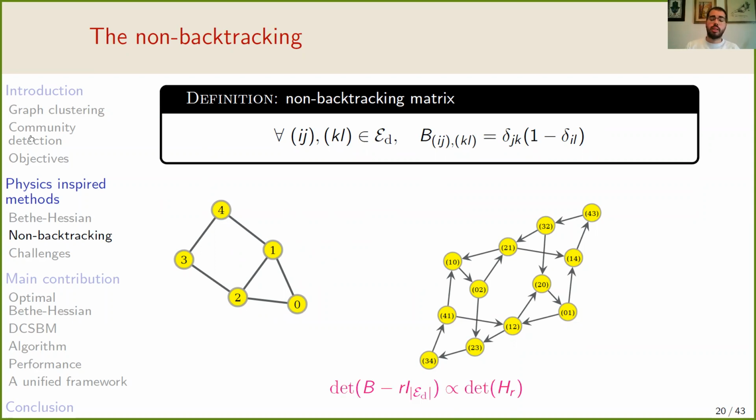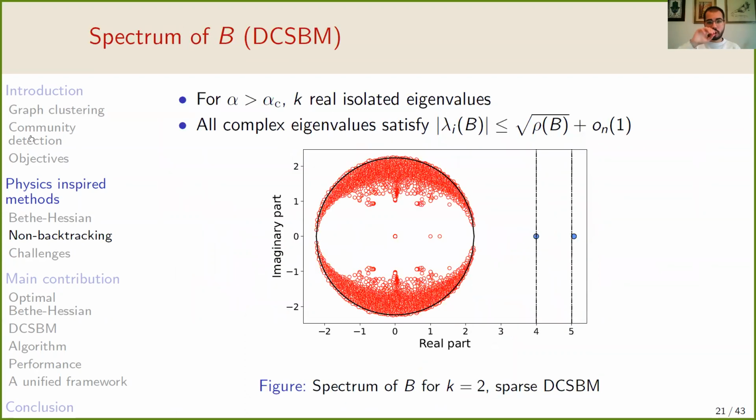Now, I said these two matrices are closely related because, due to the Ihara-Bass formula, if r is an eigenvalue of the non-backtracking matrix B, then the Bethe-Hessian matrix H_r has an eigenvalue equal to 0. The spectrum of the non-backtracking matrix B on DCSBM graphs has been studied thoroughly and rigorously, and in particular, it is a non-symmetric matrix, hence its eigenvalues are defined on the complex plane.